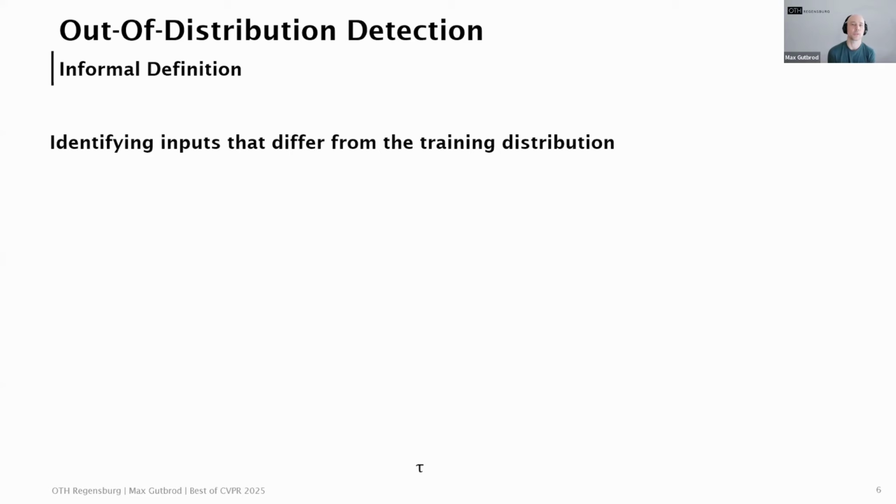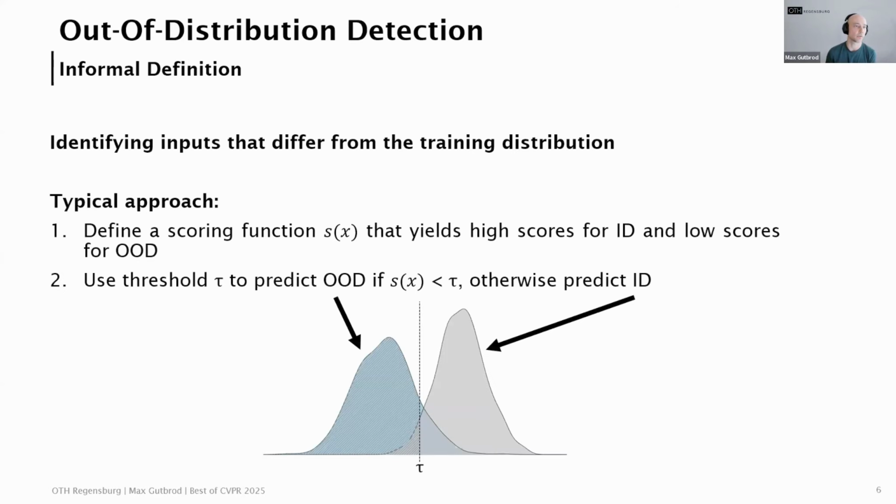So to give an informal definition for out-of-distribution detection, we just want to identify inputs that differ from the training distribution. And the typical approach for this is that we define some kind of scoring function that gives back a scalar value with high scores for in-distribution and low scores for out-of-distribution data.